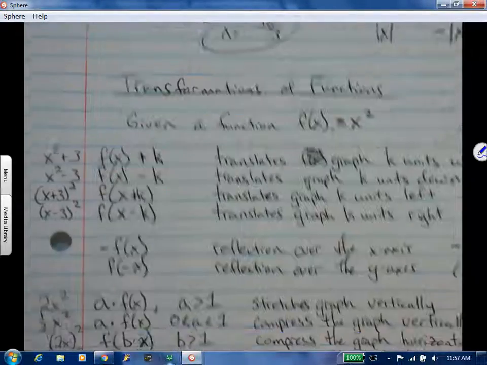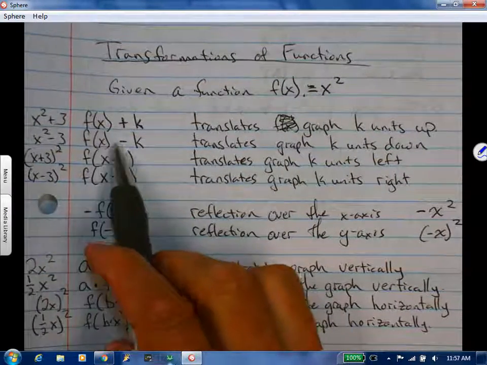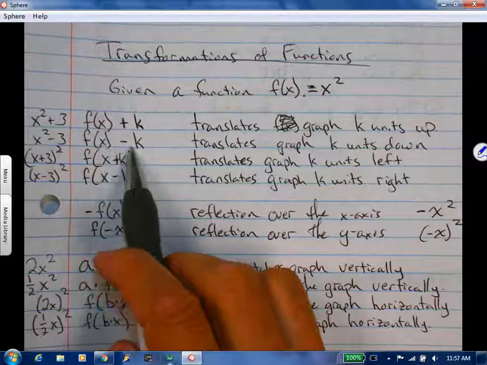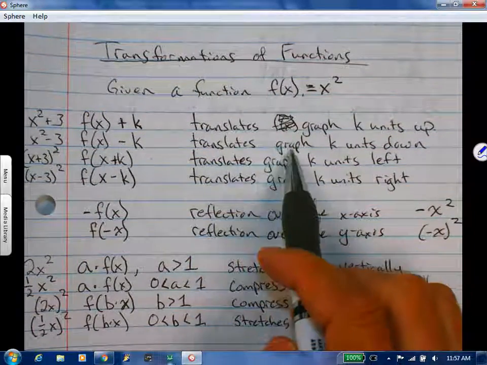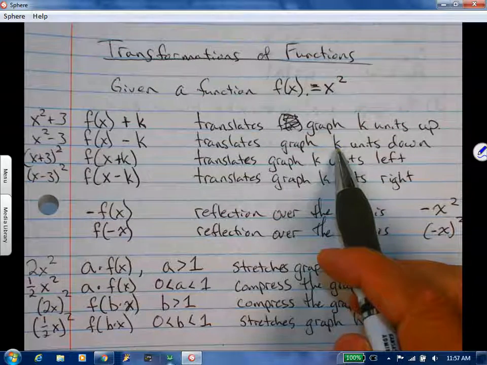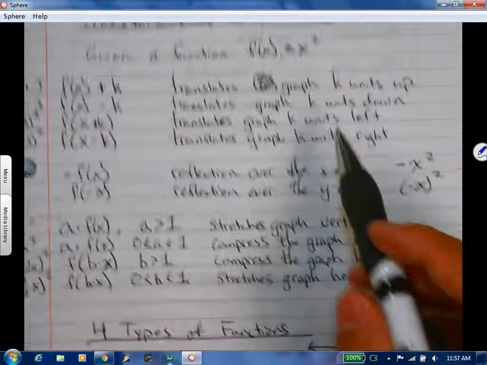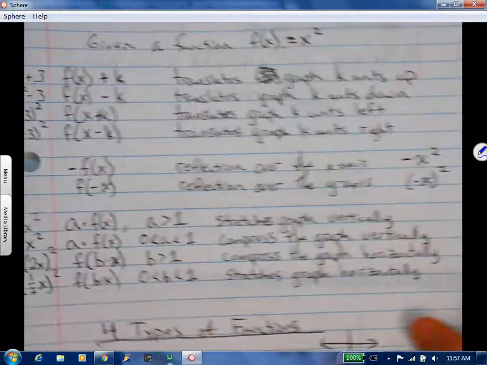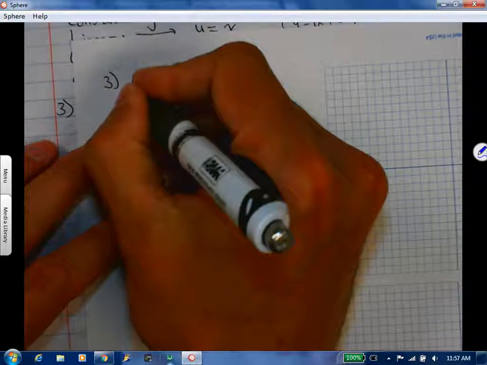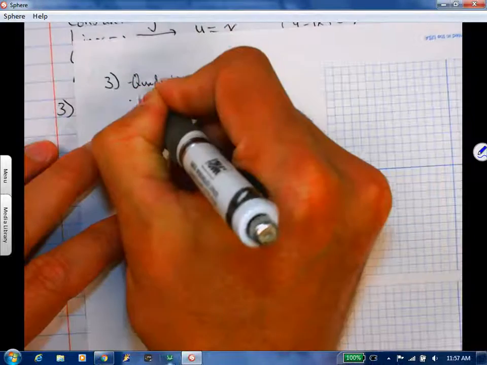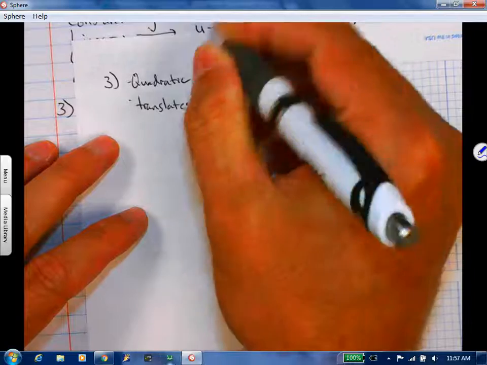Now this is where this comes in handy. So it's minus 4 on the outside, so we say it translates the graph k. Instead of k, what was the value of k in this? 4 units down. So we're going to say it's a quadratic. It translates y equals x squared.